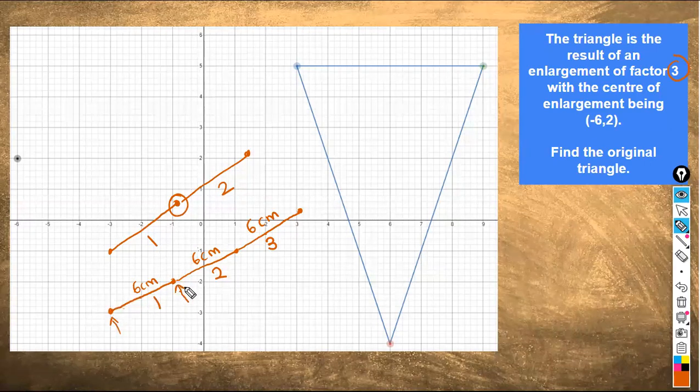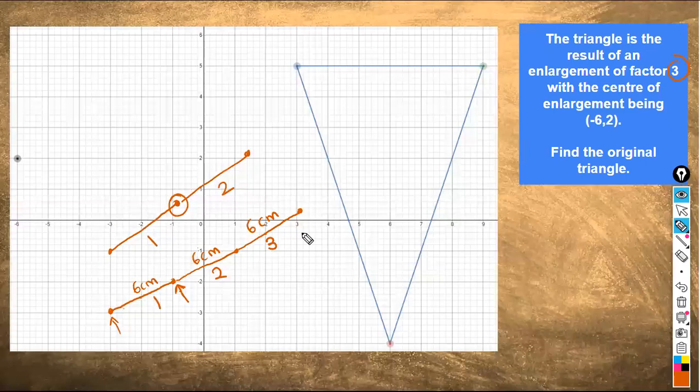So if you wanted the first point on the triangle, this 6 centimeters is how much of the entire line? Is that half of the line, 1/3 of the line, 1/4 of the entire line? What fraction is the distance from the center of enlargement to the original triangle?